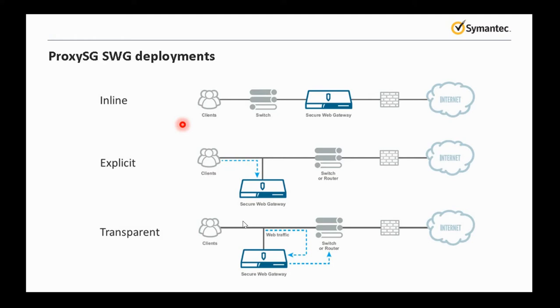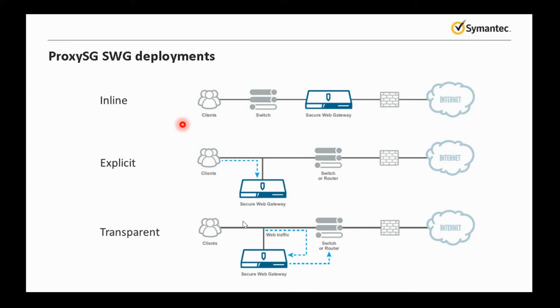Virtually inline is used for transparent or a large user base, and likewise out of path is used for explicit. So understand how your proxy is connected to the network, whether it is virtually inline or out of path, because it will greatly help you when you do troubleshooting.